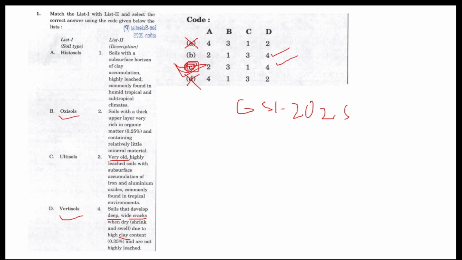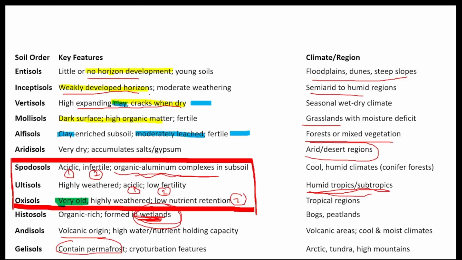Clay, highly leached. Ultisols, highly leached. They are telling, right? Thick upper layer is an organic matter. There is an organic matter, relatively little mineral material. A2 histosols is A2. Let's see histosols.